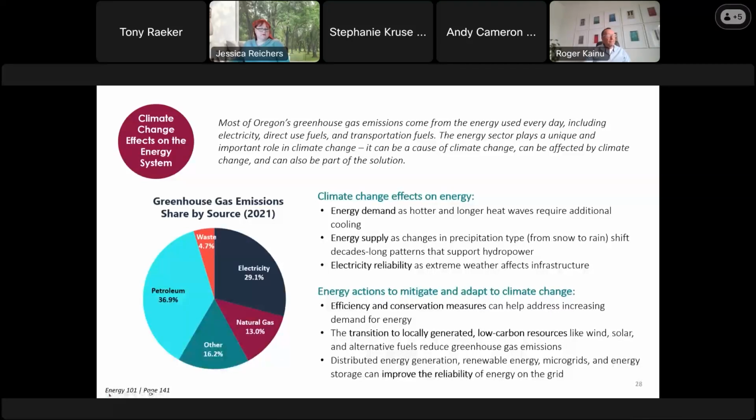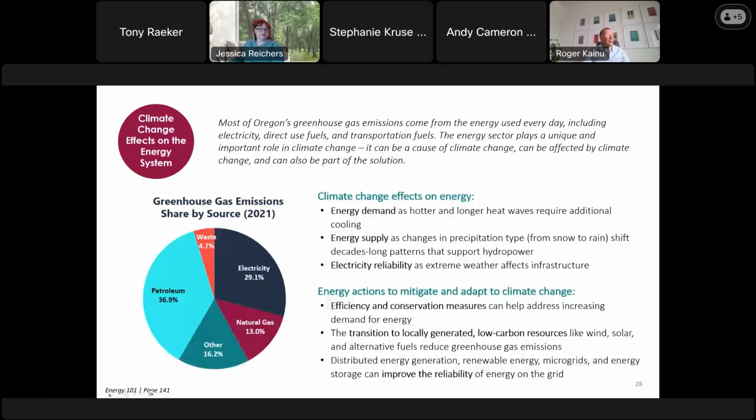Just for context, Oregon's greenhouse gas emissions should be 3 million metric tons of CO2 equivalent or lower by the year 2050 to meet the Oregon Climate Action Commission's recommended goals. So that's quite a disparity between 61 and 3.